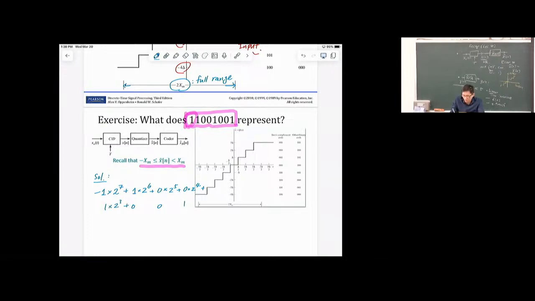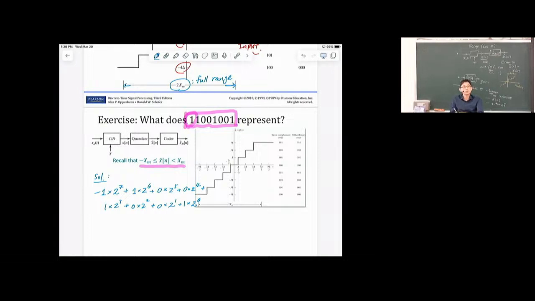You can actually find this formula in the textbook. Plus 0 times 2 to the 2nd, 0 times 2 to the 1st power, then plus 1 times 2 to the 0th power, okay?